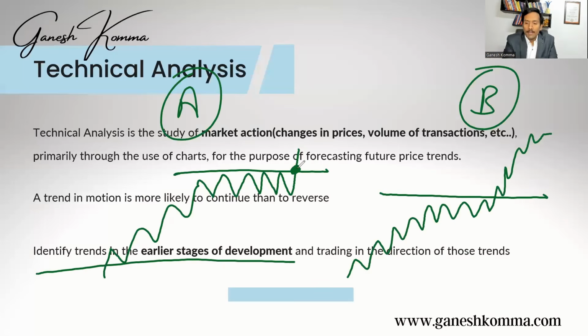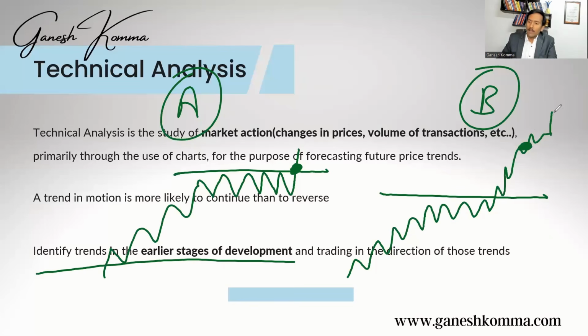So entering the stock at the breakout, like in scenario A, is better than entering a stock in scenario B at a higher level, right? The longer from the breakout or the base you are, the higher the risk you are taking. I would not say it's a wrong entry, but the risk is a little higher. You should be a little bit more careful, right?